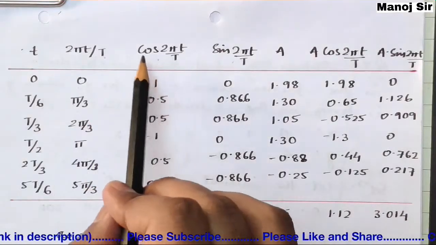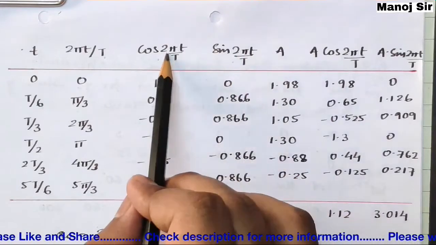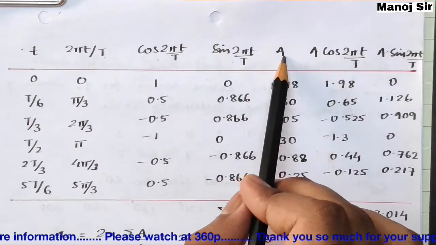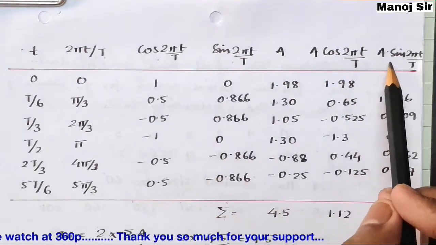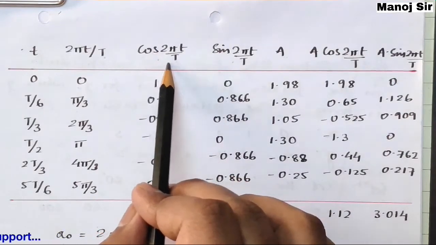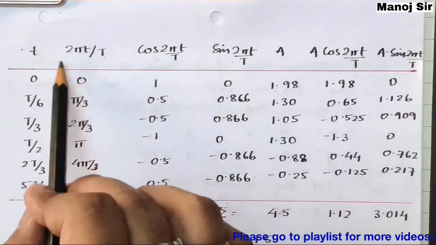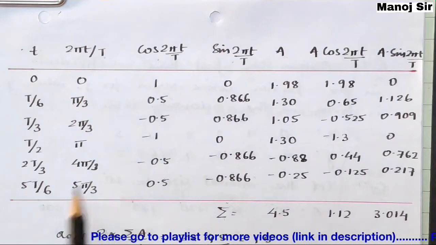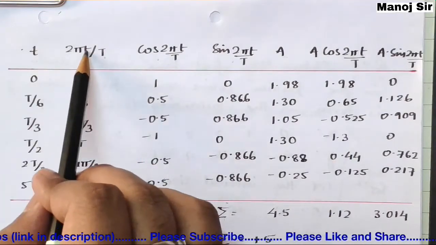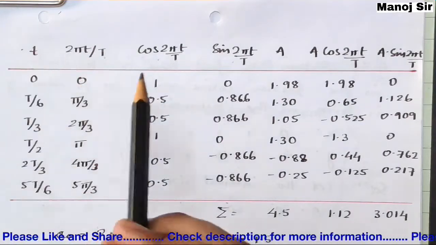Now, since we need to find cos of 2 pi t upon T and sine of 2 pi t upon T, thereafter we will multiply this with a to form a into cos 2 pi t upon T, and a into sine 2 pi t upon T. To find these, we need to find 2 pi t upon T first. So for t equals 0, 2 pi into 0 upon T gives you 0.